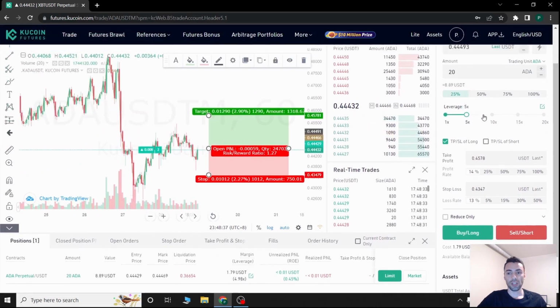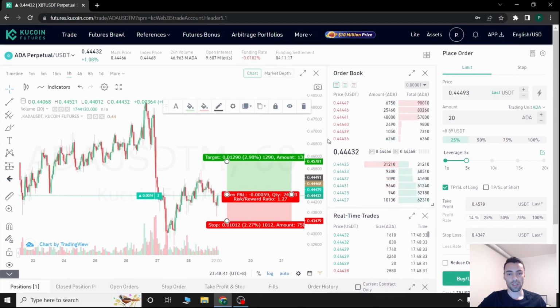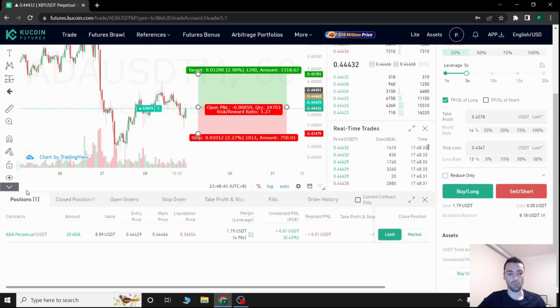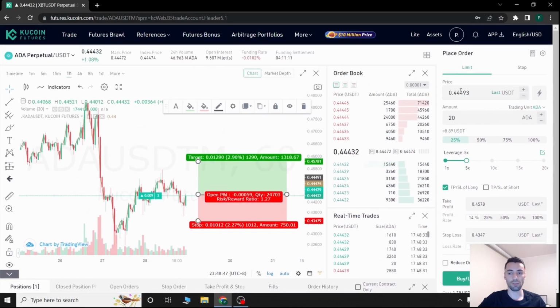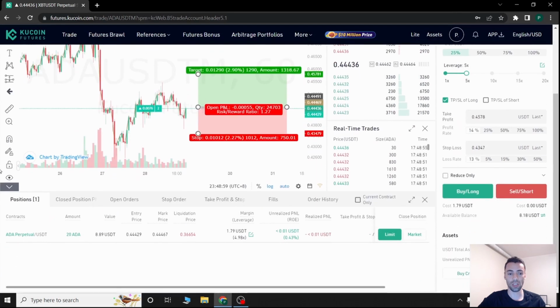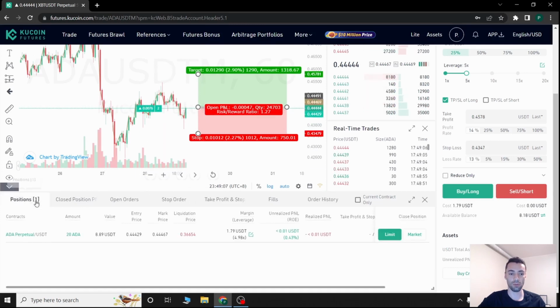Since we put it at the last price, it automatically comes to our position. If we had put the price at, for example, 0.46, the price has not reached that yet, so it would go to the open orders. When the price reaches our entry price, it will come to the position.